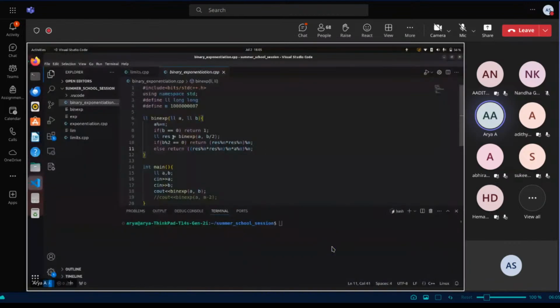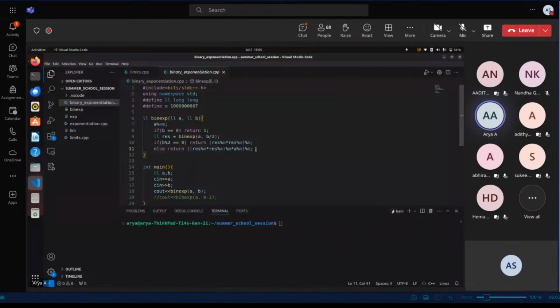But you might have a doubt that res is a power b by 2, so actually this should be a power b minus 1 by 2. So why am I using a power b by 2 itself? The reason is pretty simple. This statement will get executed only if b is odd. And when b is odd, for example, say b is 5, 5 by 2 in C++ is going to come out as 2 only.